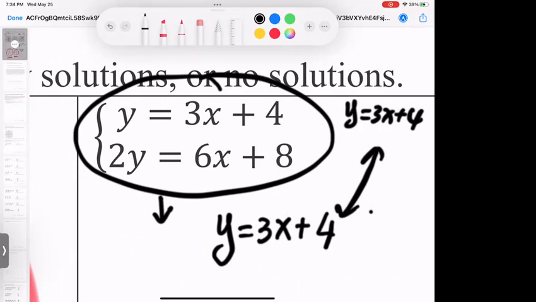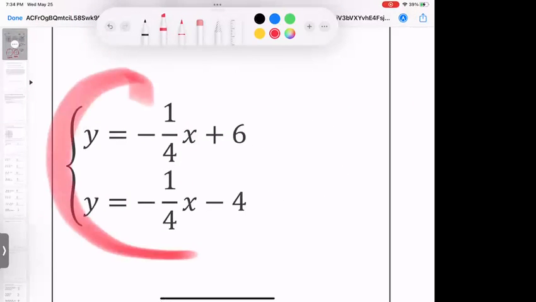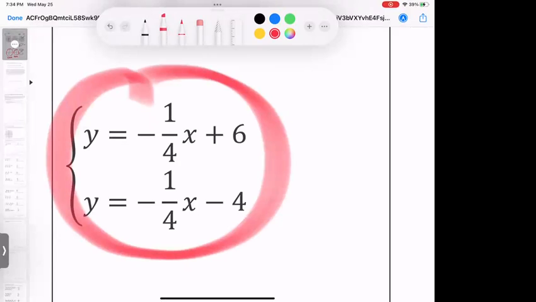So how many solutions does it have? It has infinite, right? Because one solution is one intersection point. If those two linear equations overlap exactly, they are the same, so that is infinitely many solutions. And Amy, can you help me figure out this one? No solution. Does everyone agree with that?